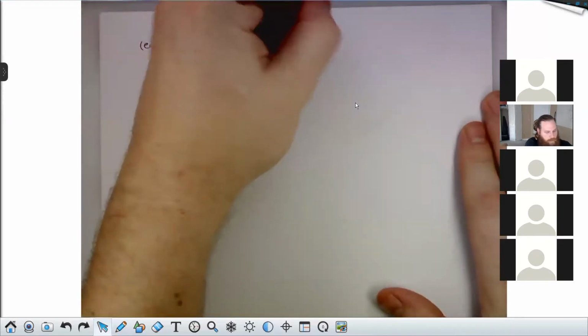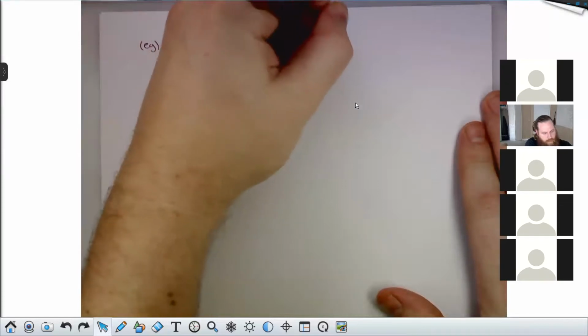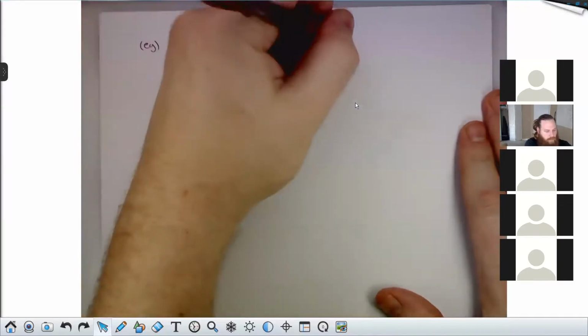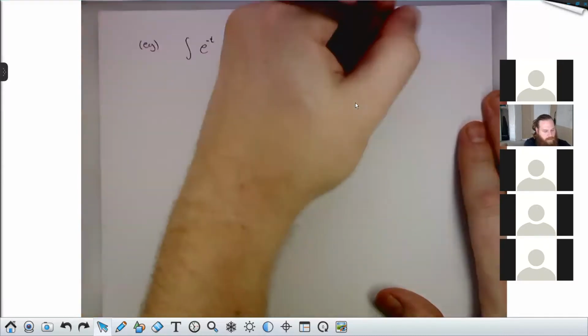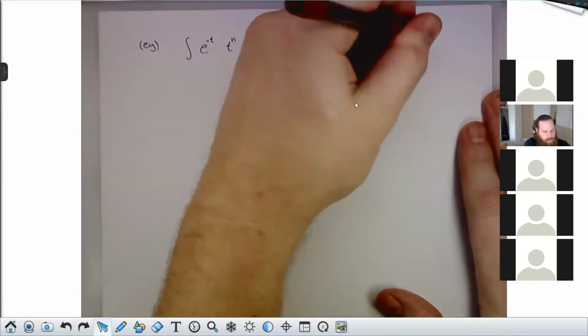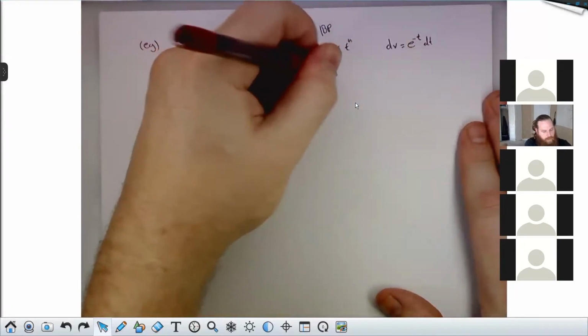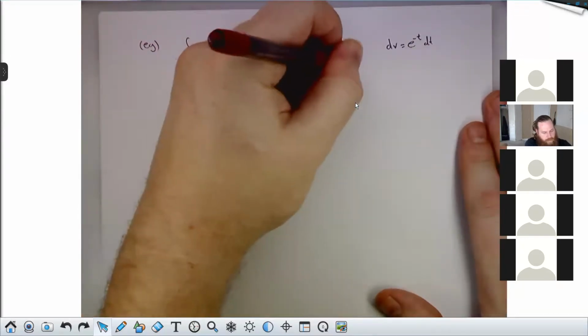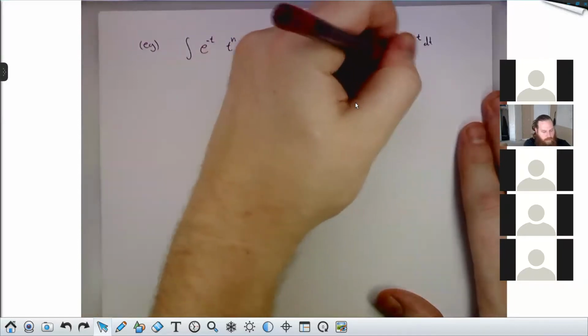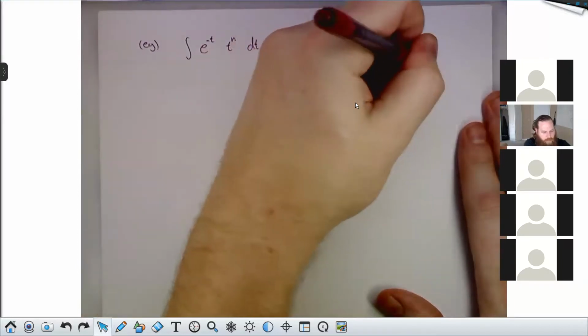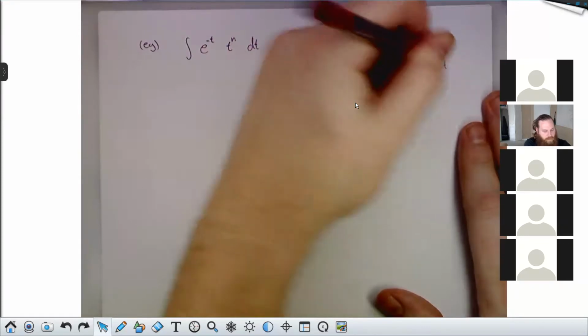I would run IBP, choosing u as the polynomial piece, which is t to the n, and dv as everything else, which is e to the negative t dt. Du would be n t to the n minus 1 dt, and v would be negative e to the negative t.